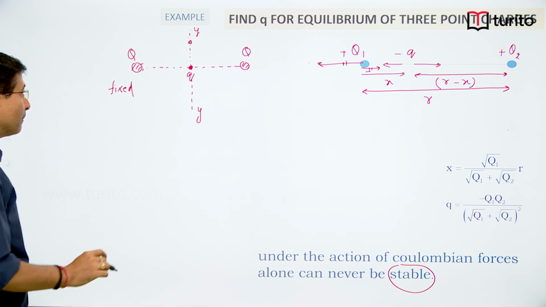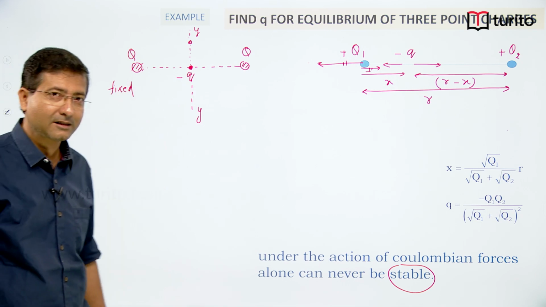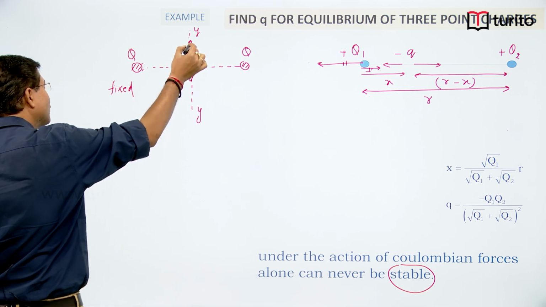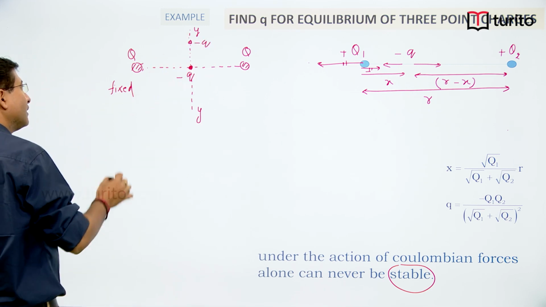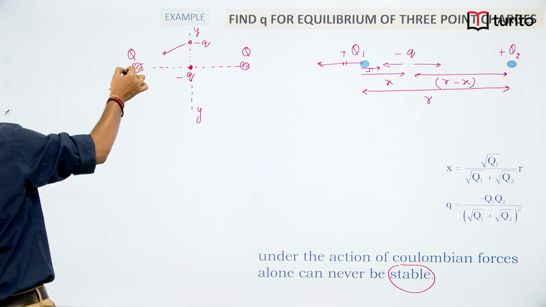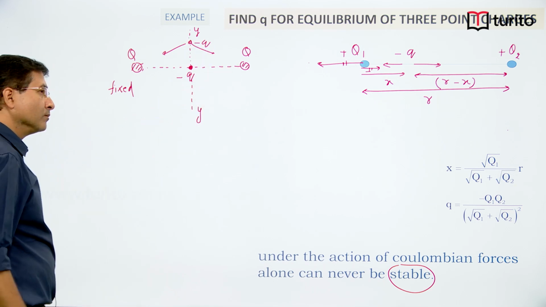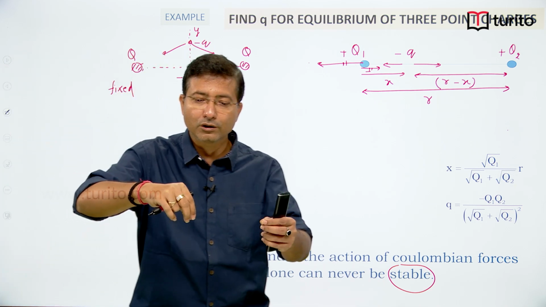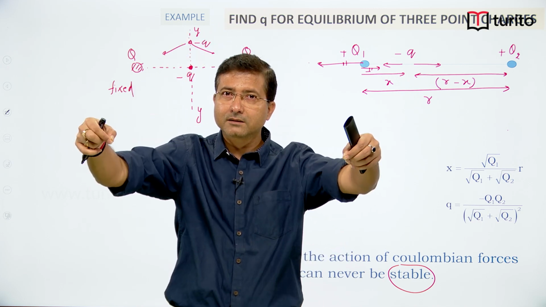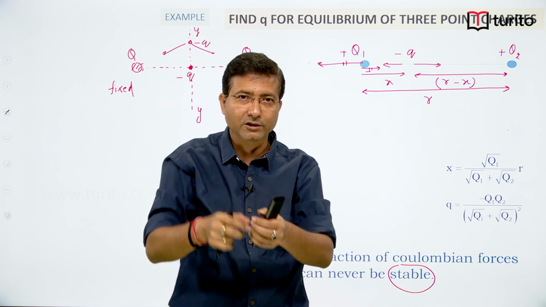If I take minus q charge instead of plus q charge, and I displace it in y direction, now look at this one. If I take negative charge, then force will be attractive in nature, force will be exerted by this one along the line joining. So when you displace the middle one up, the forces will be like this and their resultant will be in y direction towards the initial position.